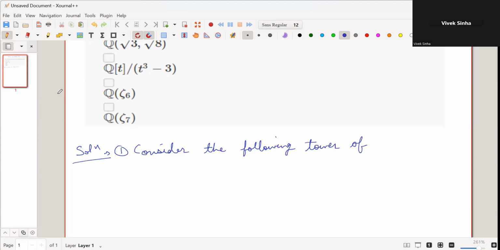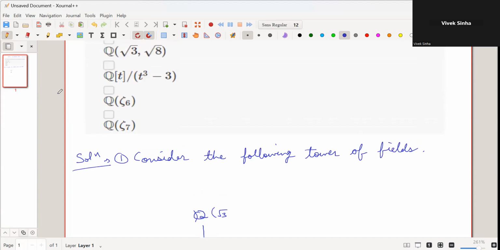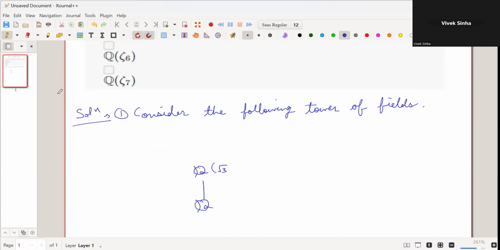Tower of fields. So here we have Q, and then as a subfield it is Q root 3, and then Q root 3 lies inside Q root 3 root 8 as a subfield.